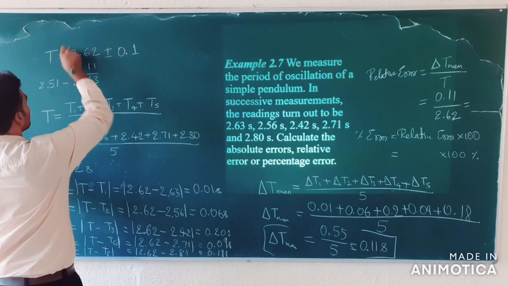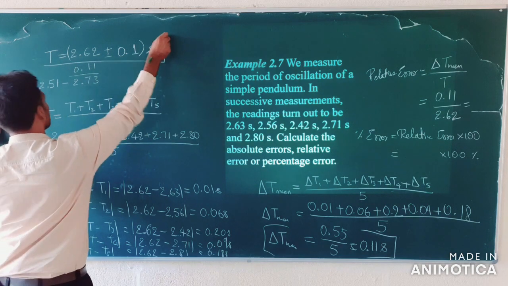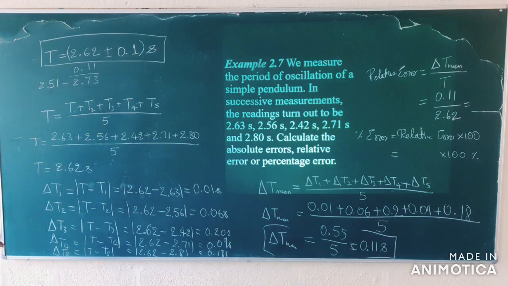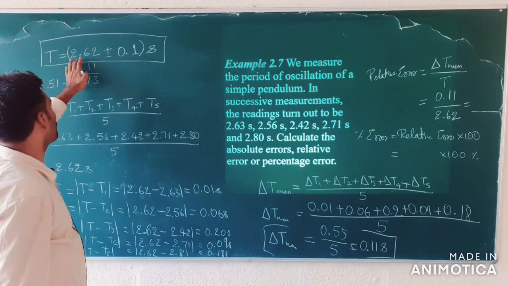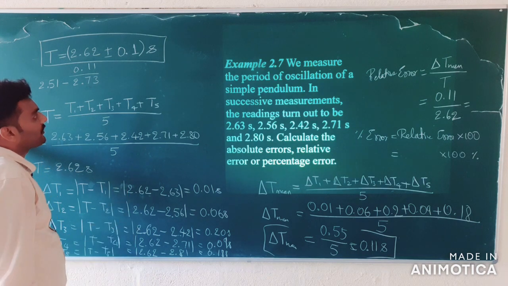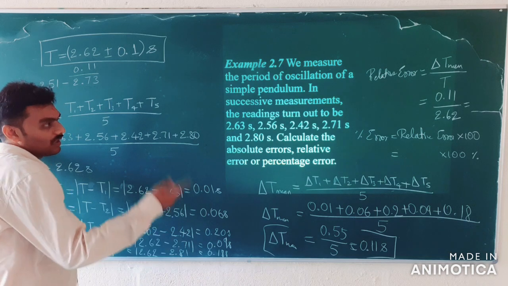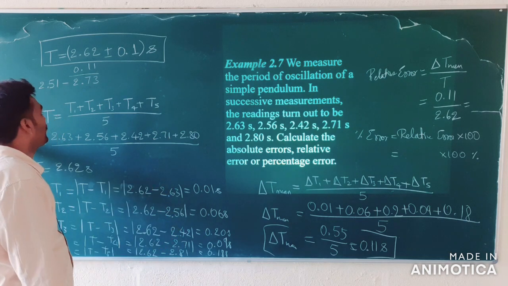This makes the complete value of the measurement 2.62 plus or minus 0.1 second, where 0.1 second is the error and 2.62 is the true value, and that's how we express it. Following? Even for the relative error we can only consider 0.1 by 2.62.